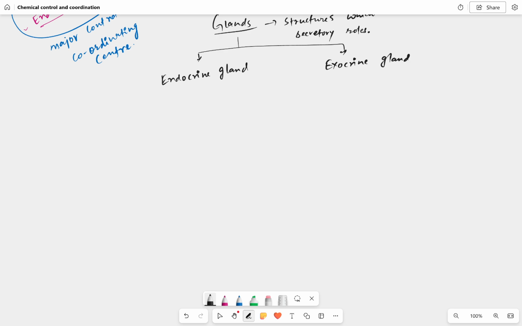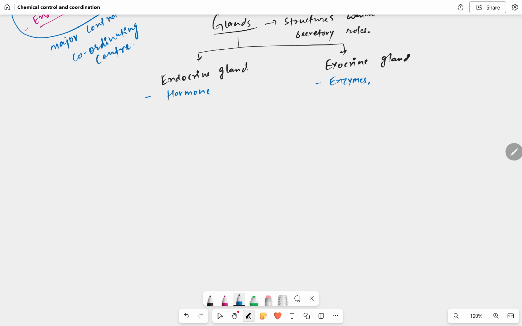Both are secretory structures, both are formed by clusters of cells, and the cells are secretory in nature. They secrete chemicals. The chemical secreted by the endocrine gland is hormone. But the exocrine gland majorly secretes enzymes.